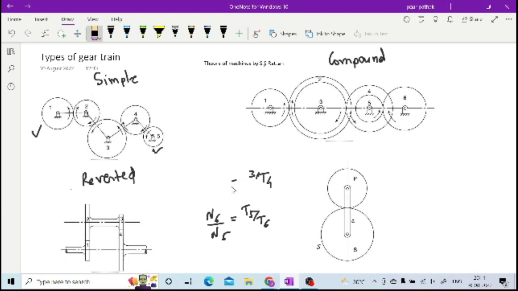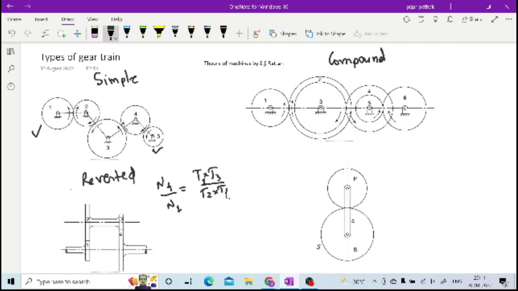So that is how you again have a compound gear, because 2 and 3 are on the same shaft. So for the reverted gear train, n4 by n1 can again be similar to the compound gear train, like t1 into t3 divided by t2 into t4.